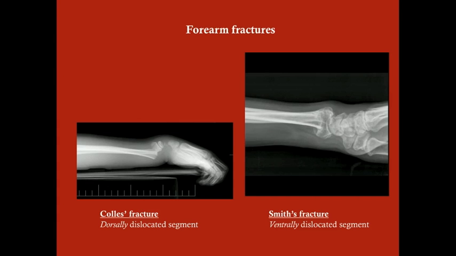So that's a Colles fracture. So here is your distal segment, and it's dorsally dislocated. And then here's a Smith's fracture. It's a little bit harder to see, but it's right down here. Of course, you're always going to want to have more than one view for any of these, but the Smith's fracture is a ventrally dislocated segment.